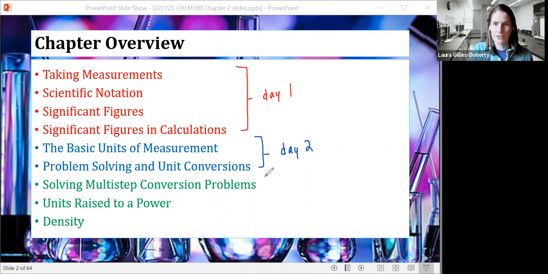And then we're going to spend a third day using our unit conversions and our sig figs together along with scientific notation to solve multi-step conversion problems with units raised to a power like centimeters squared and cubic inches and those sorts of things, as well as density. So that's day 3. So this will span 3 lecture days. The videos will be divided up into 3 sections. Make sure you watch each section before coming to class.